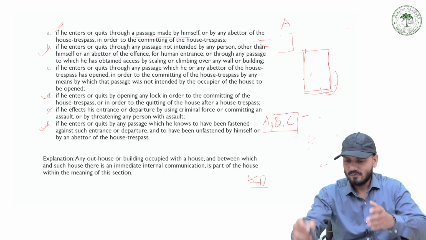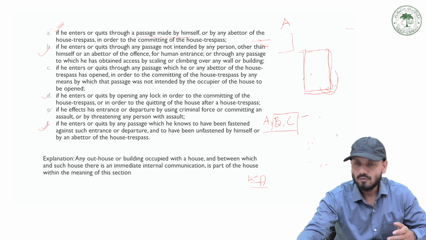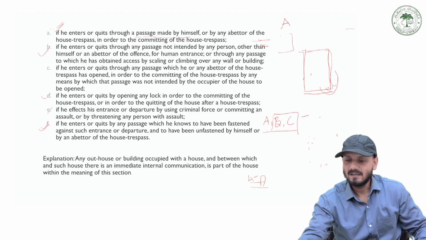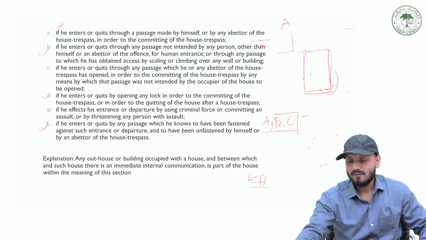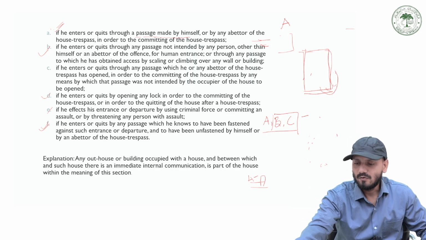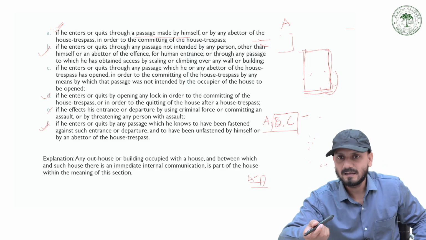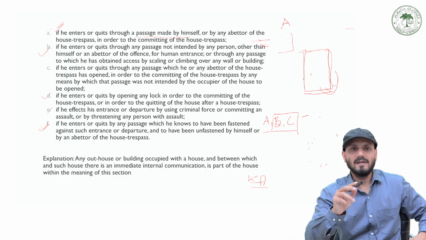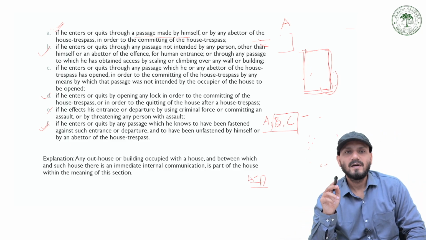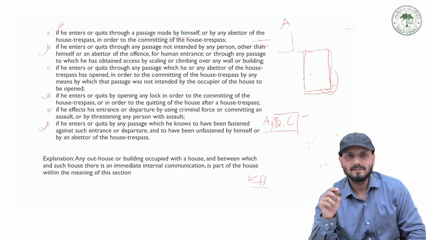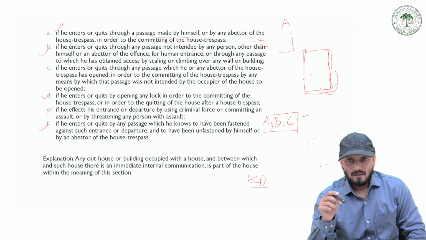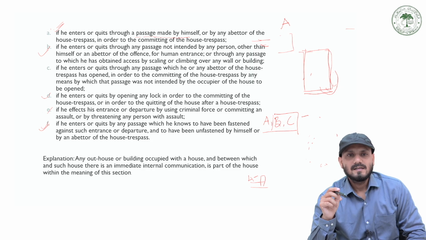Suppose this is a door and it is closed from inside, and a thief puts a wire or any equipment from outside and opens the door by using that method. So A commits house trespass by entering Z's house through the door, having opened the door which was fastened. This is house breaking. A finds the key of Z's house door which Z had lost.